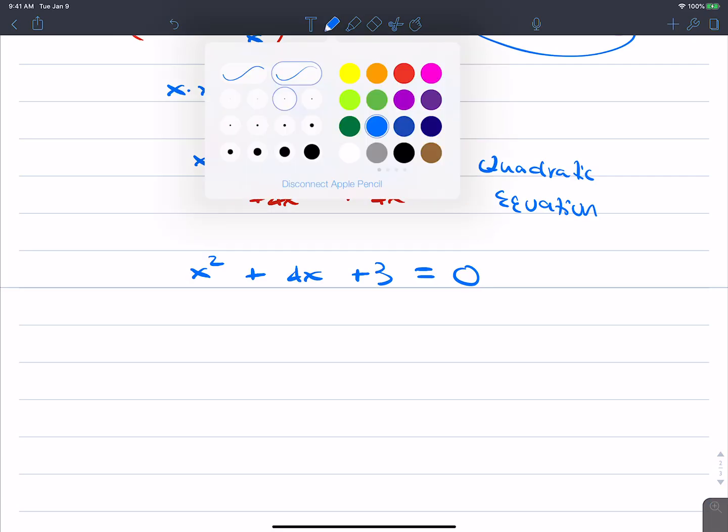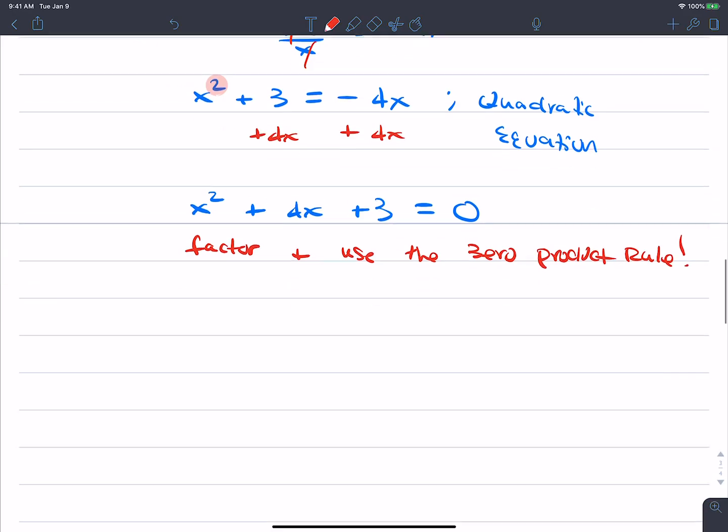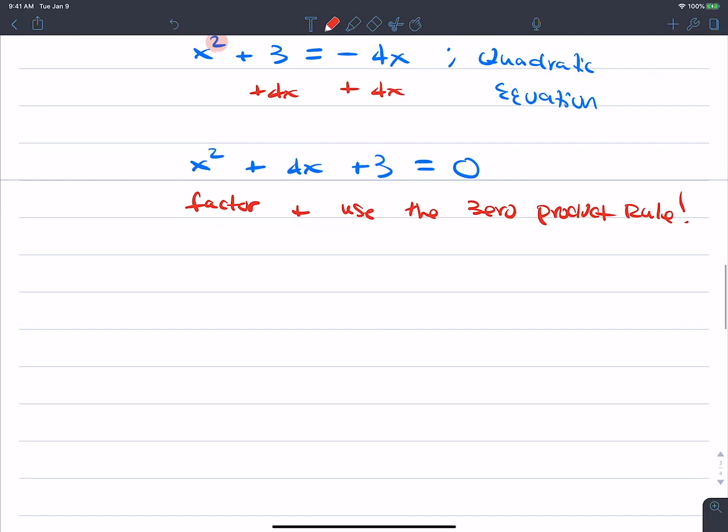What's your first line of defense when you have to solve a quadratic? Hopefully we can factor and use what we call the zero product rule. Anybody remember what you do?